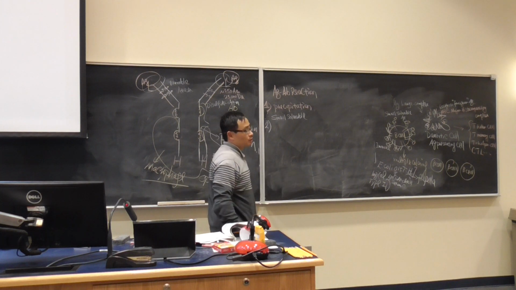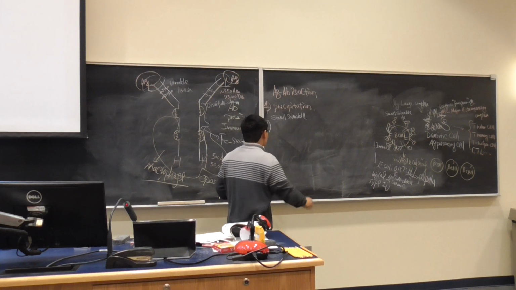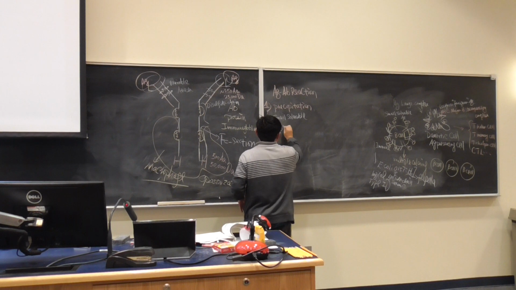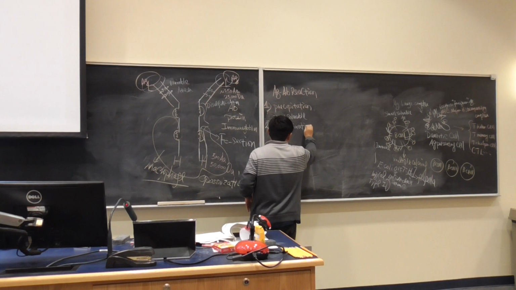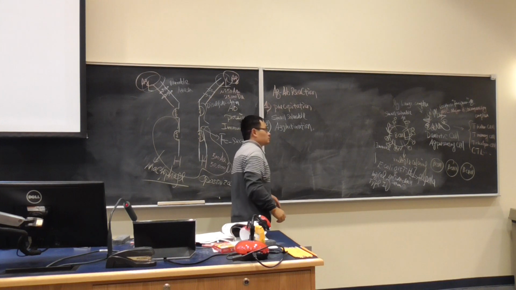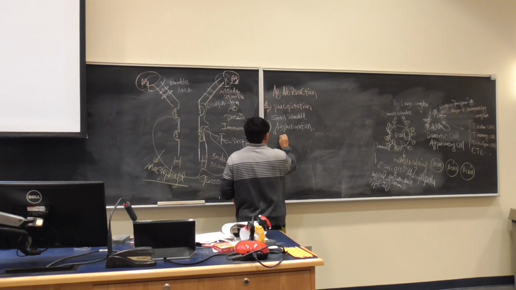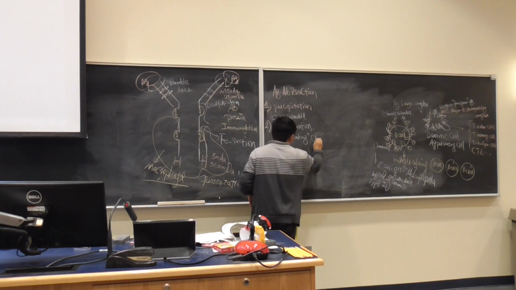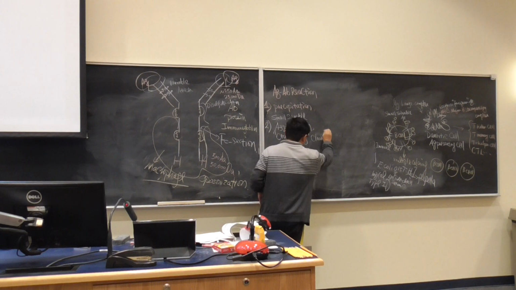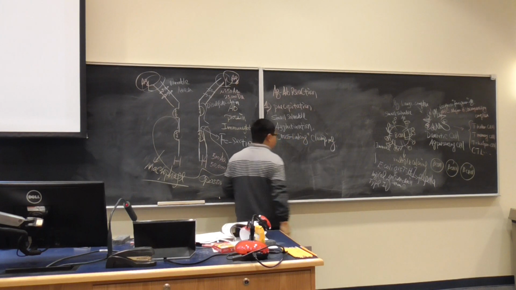If it's a large one, what's going to happen? Agglutination. It will cause cross-linking and clumping. This is what we talk about in the lab exam.